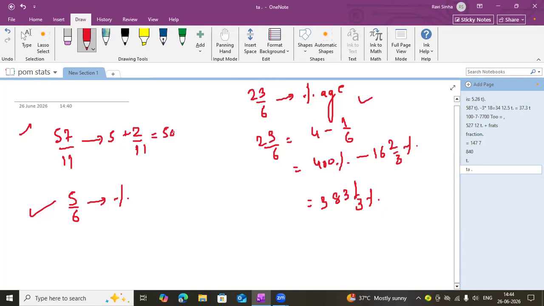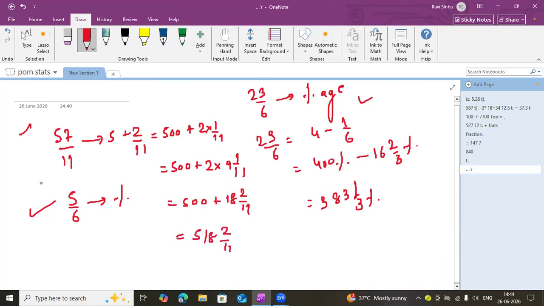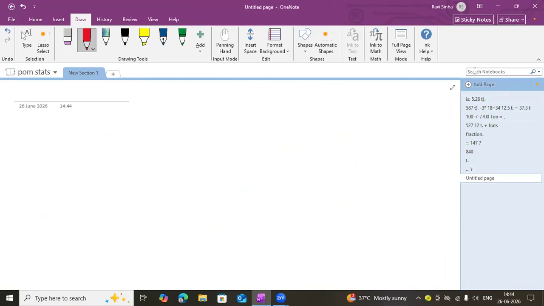Now 5 is 500%, plus 2 by 11 is 2 into 1 by 11, so 500 plus 2 into 9 1 by 11%. So 500 plus 18 2 by 11%. So this is 518 2 by 11%.